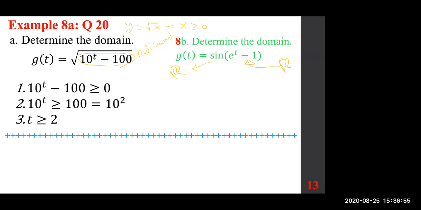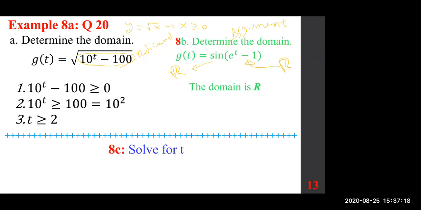So you go with the restriction for the argument of sine. E to the power of t minus 1 is called the argument, okay? Argument of sine has no restriction. The domain, therefore, is all real numbers.